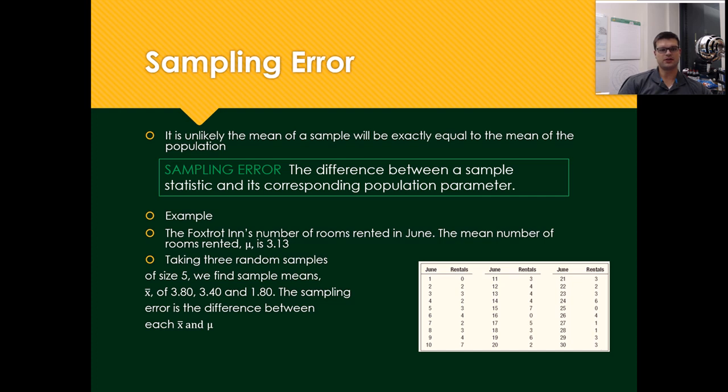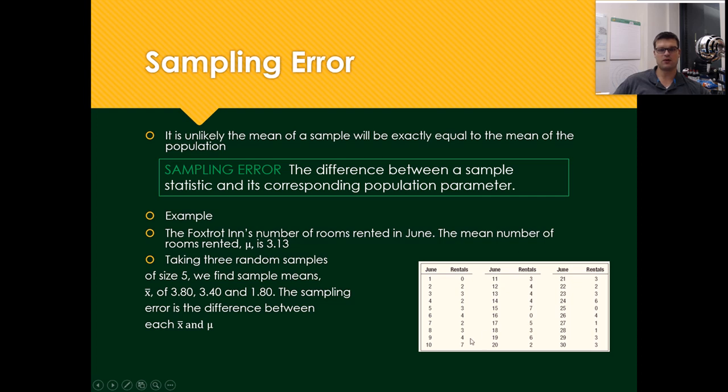In this particular situation, we have the Foxtrot in numbers of rooms rented in June. The mean number of rooms is 3.13. If you take 3 random samples, we could look at 4 on June 4th, June 9th, and then we could also look on June 14th, and you notice the mean of that.